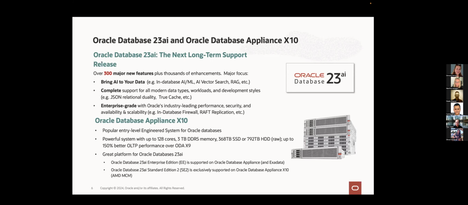One is the Database Appliance. The other one is Exadata, the Oracle Engineered Systems. Currently, the Enterprise Edition Oracle Database 23 AI is not available other than on Oracle Engineered Systems. That may change in the future, but at this point, if you want to run Enterprise Edition Oracle Database 23 AI on-prem, these are the two choices.